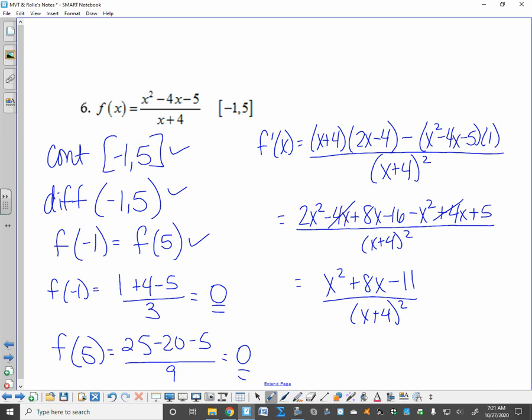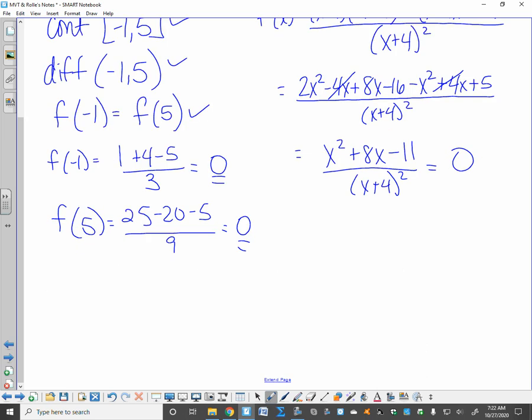Let me check myself. Yep. All right. So there he is. There's your derivative. And I'm going to set him equal to 0 because that is the slope.